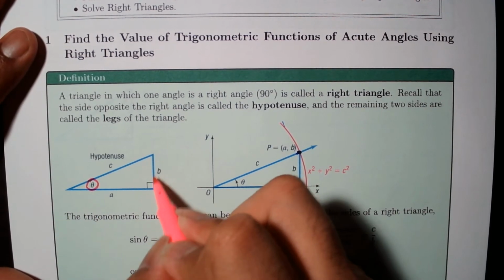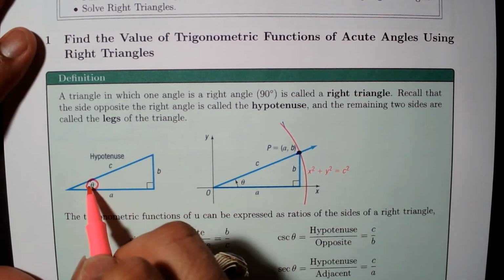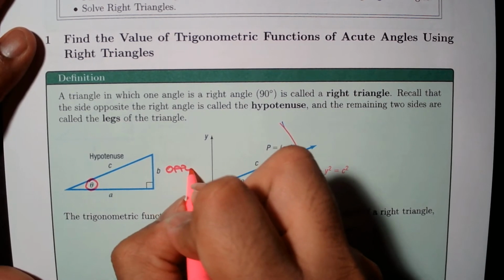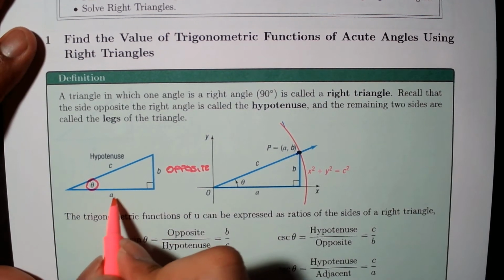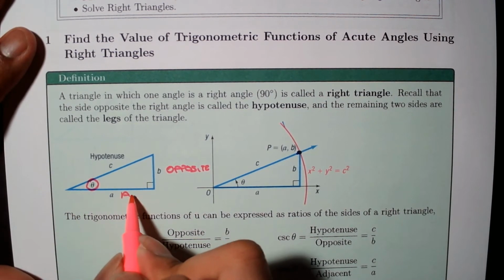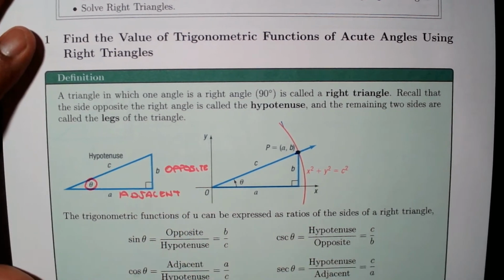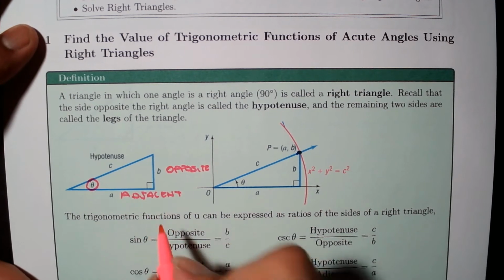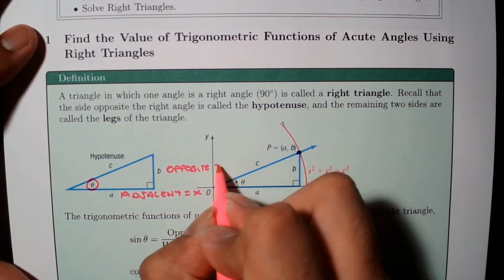The side that faces the angle is called the opposite, and this side, A, is called the adjacent. If we think of axes, this is the x-axis and this is the y-axis.